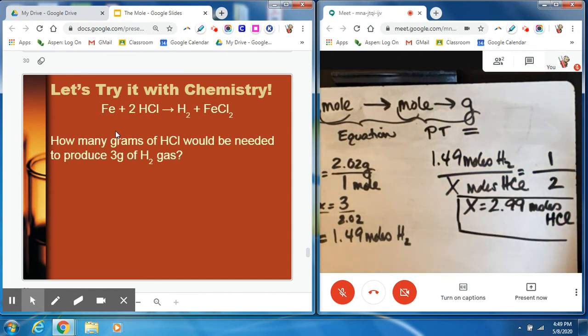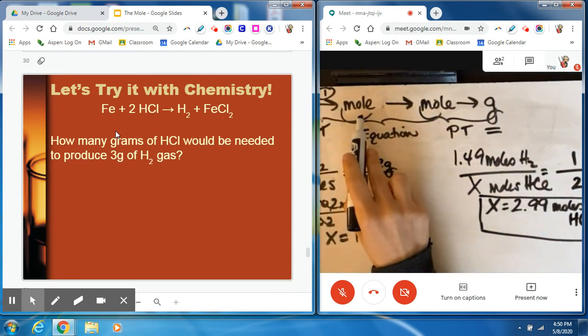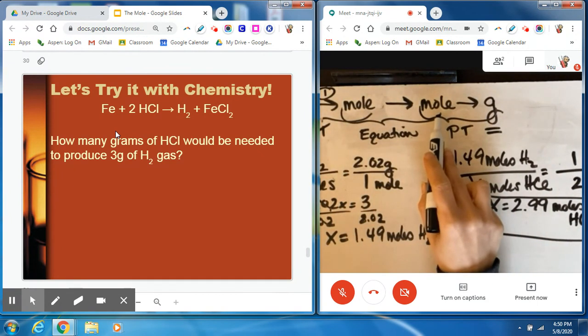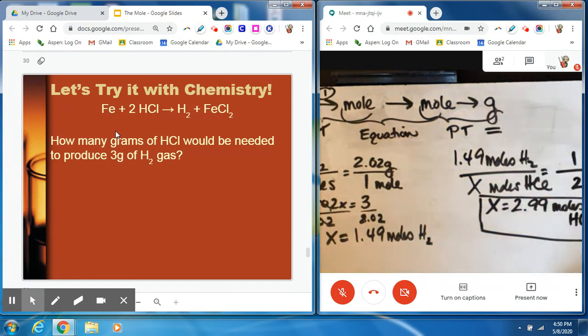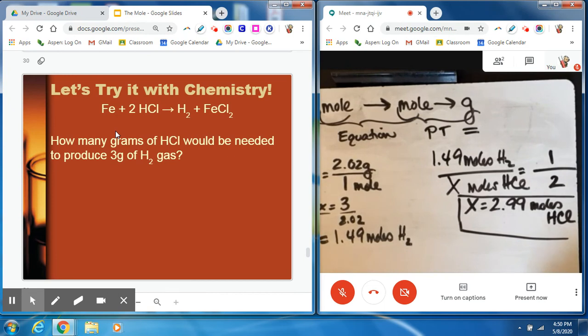Now, that tells us the moles of HCl, because we went from moles of what we know to moles of what we didn't know. And now we have to figure out moles of what we didn't know to grams of what we didn't know. And again, that information is going to come from the periodic table.